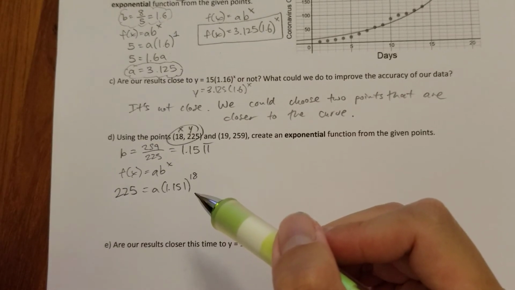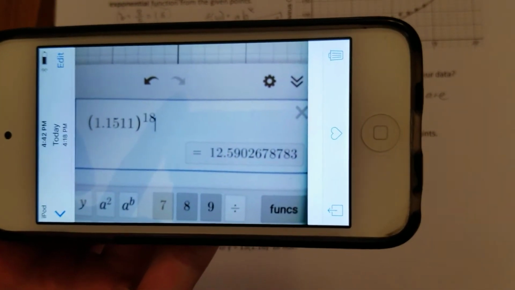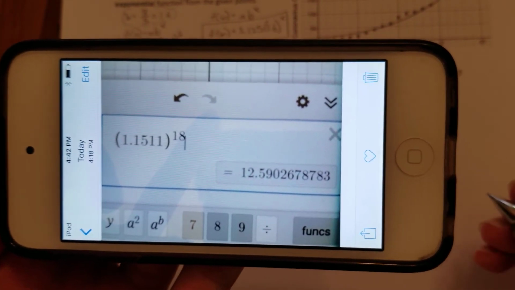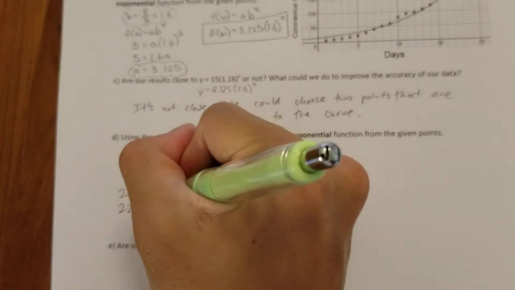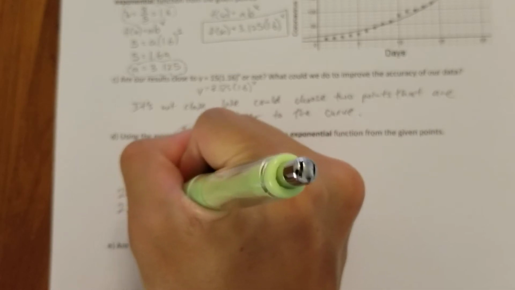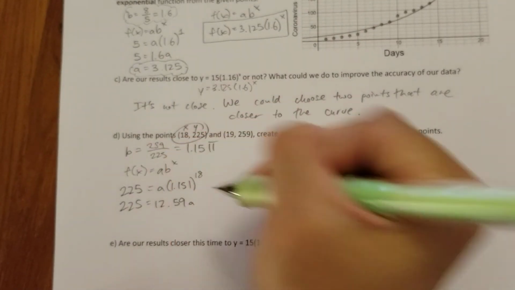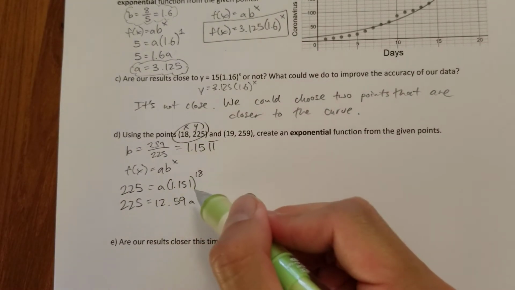Another way is you could use Desmos to calculate that value. So I'm just going to put that value in. So 225 equals 12.59a, which is just 1.151 raised to the 18th power.